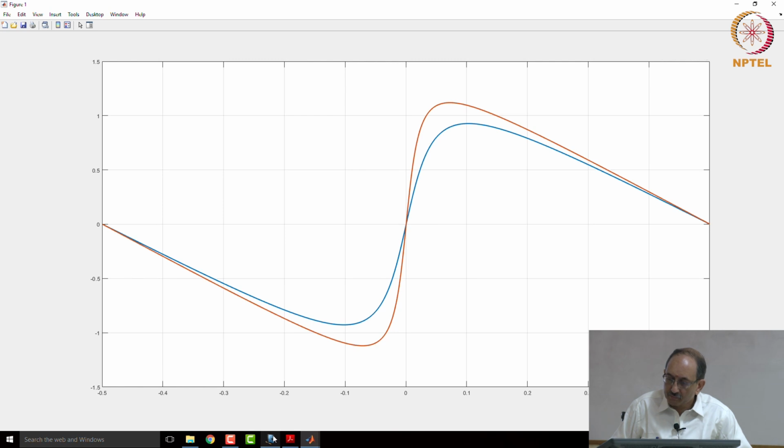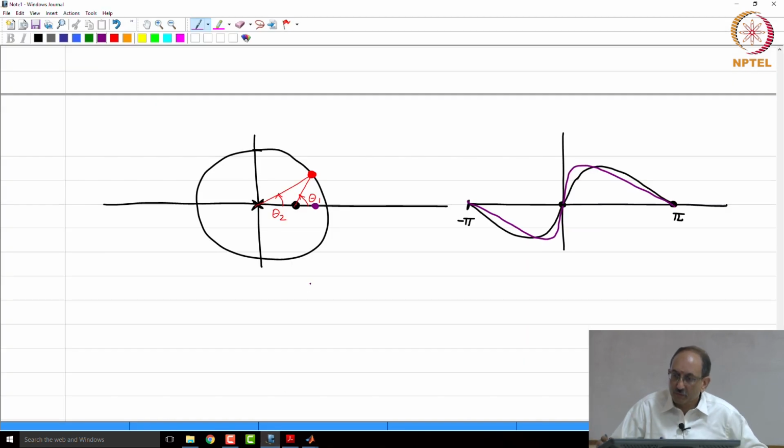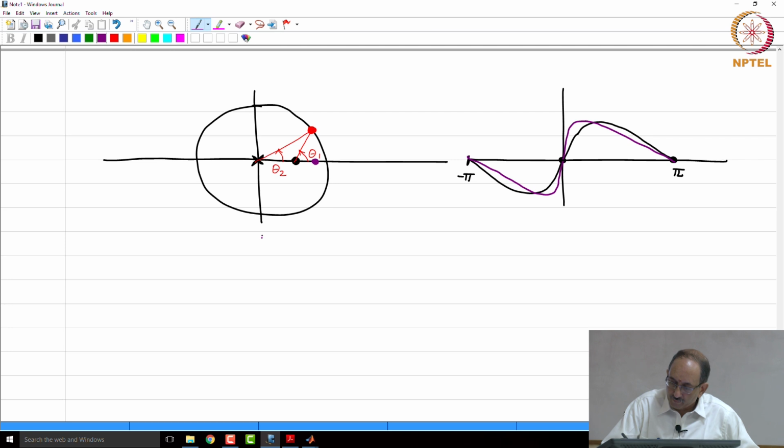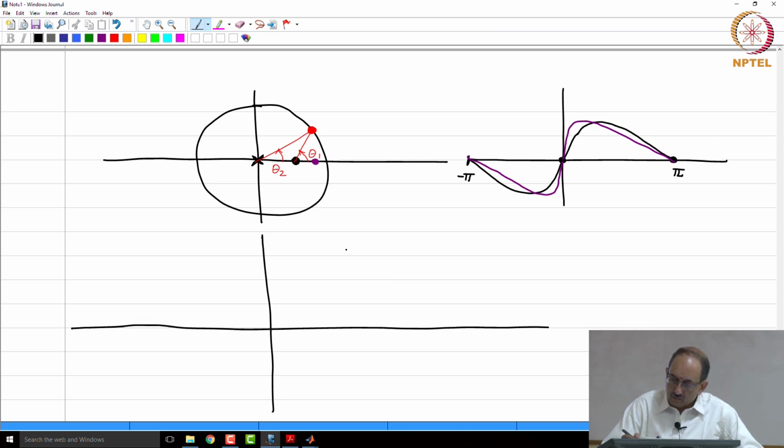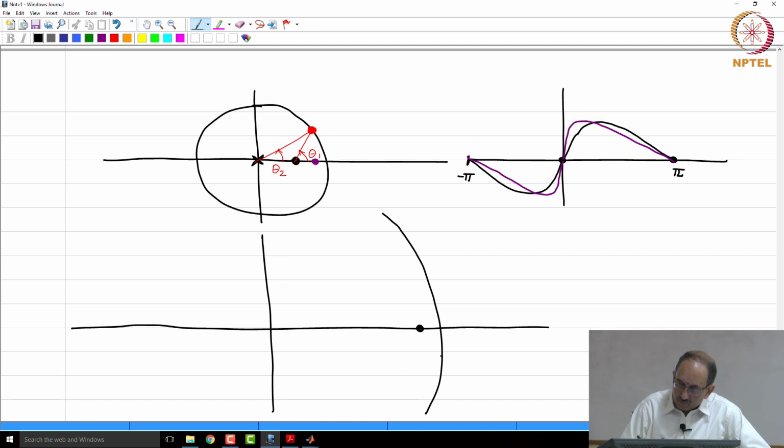So, let us carry this analysis a little more. Now, what I am trying to show here is an expanded version around omega equal to 0, only that now my 0 is extremely close. When I am here on the unit circle, I am at omega equal to 0 minus.